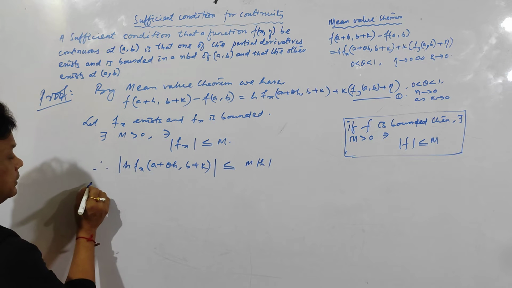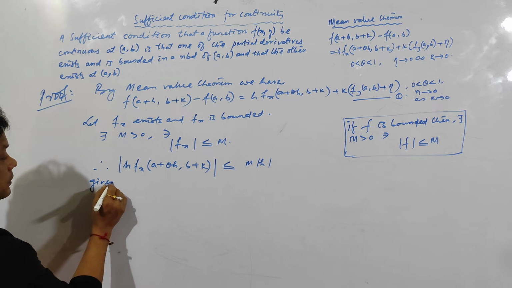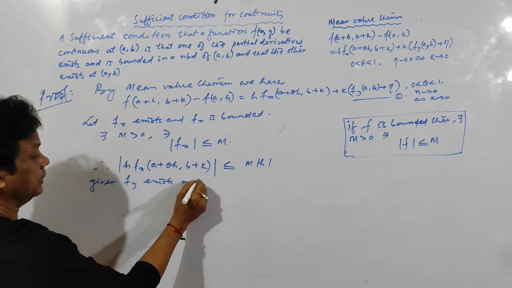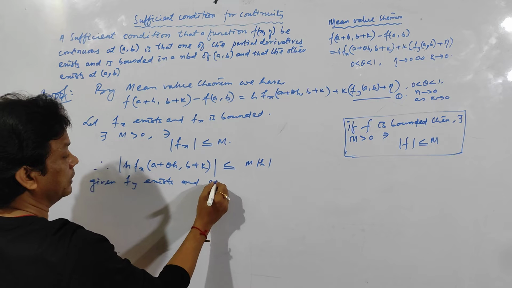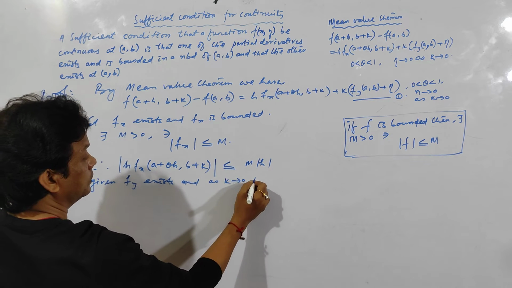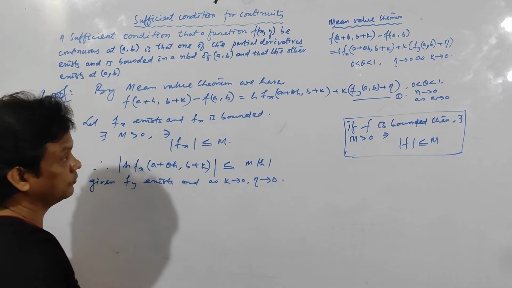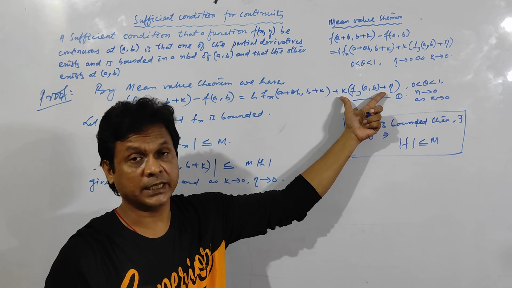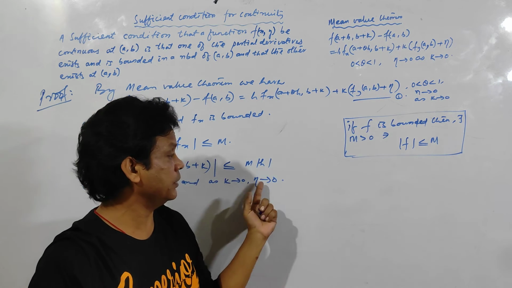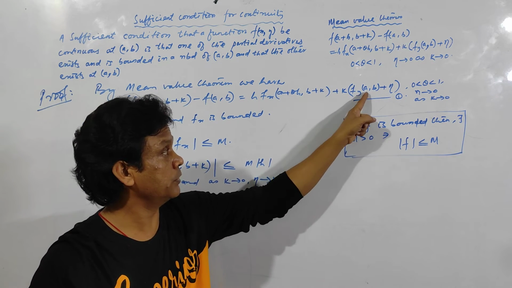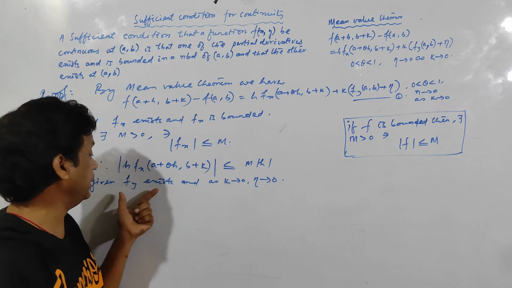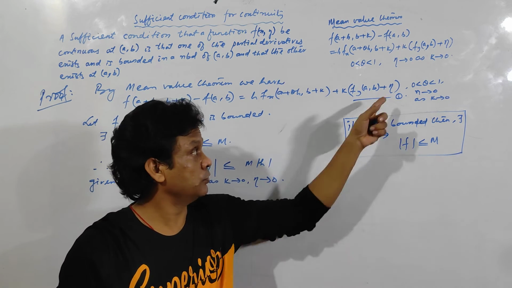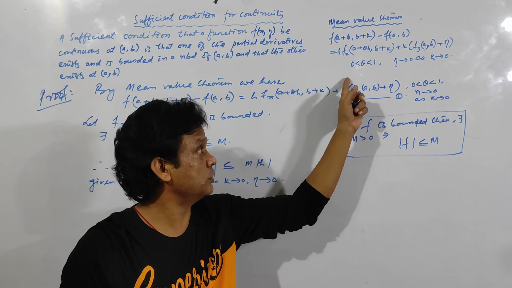Now, come to the second part. Again it is given that fy exists, and as k tends to 0, theta tends to 0. So the second part tends to 0 as k tends to 0, because as k tends to 0 this term becomes 0, and 0 into something, because if fy at a b exists, that means it is a finite quantity. So k into this also becomes 0.